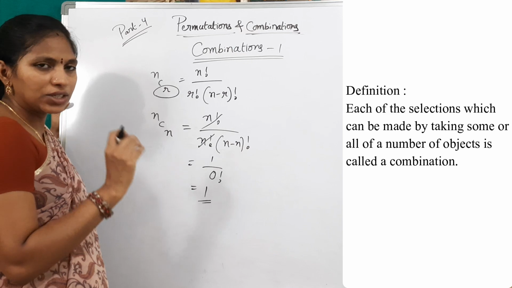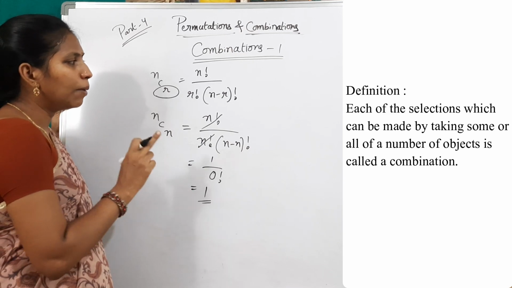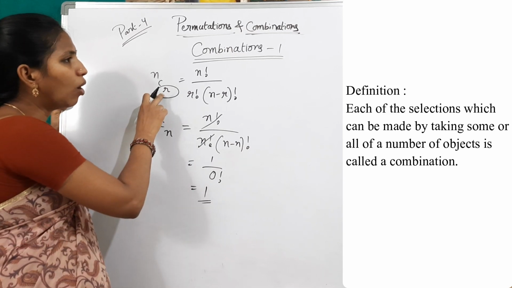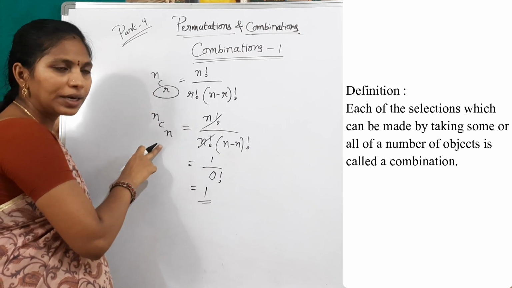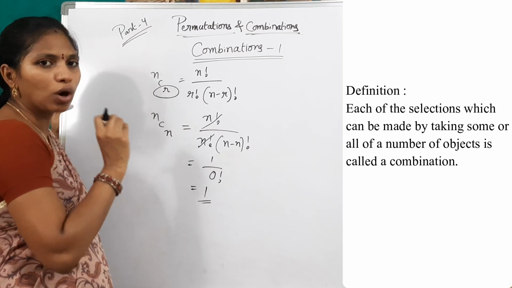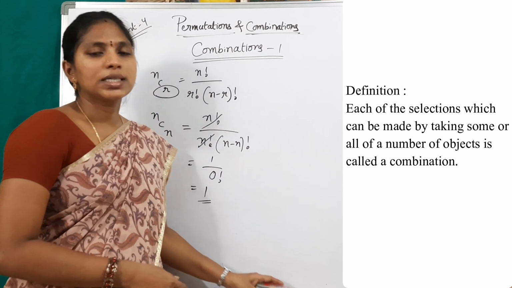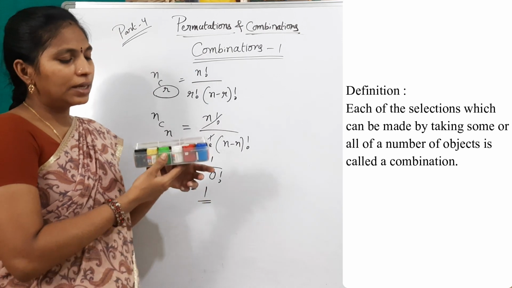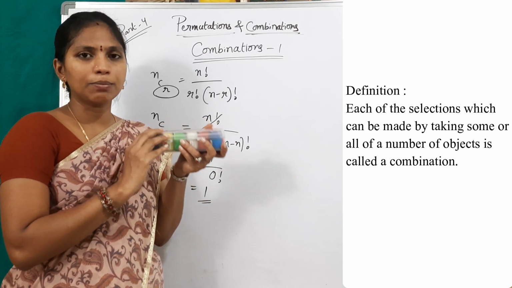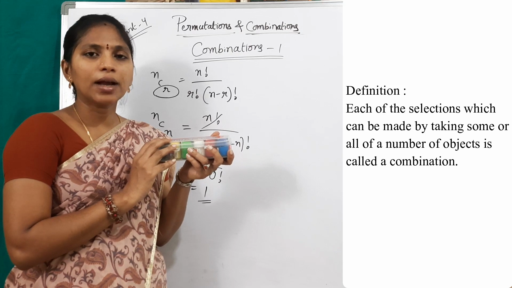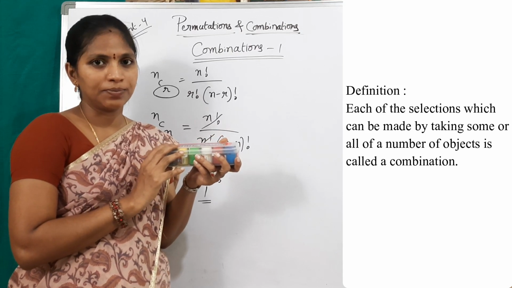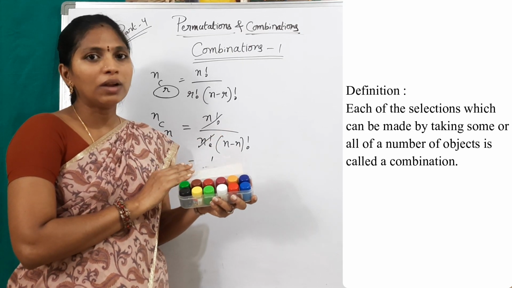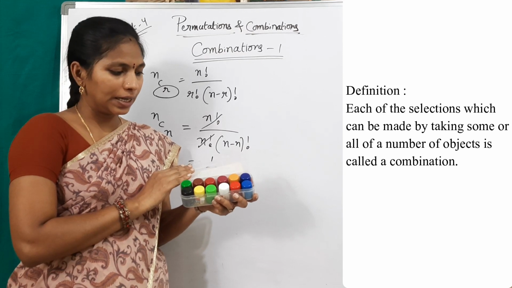Each of the selections which can be made by taking some or all of a number of objects is called a combination. Suppose, see, same example, this is a container, this is a box which contains a number of color bottles. There are totally 12 color bottles in this container.